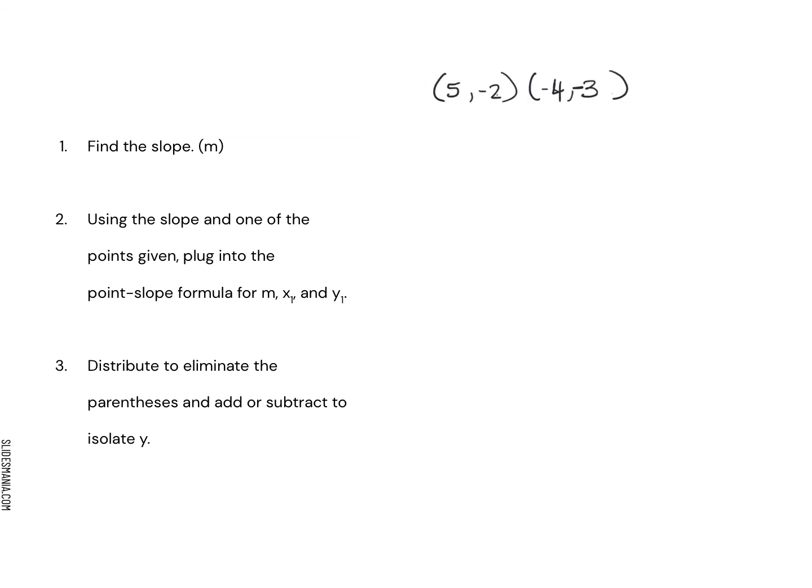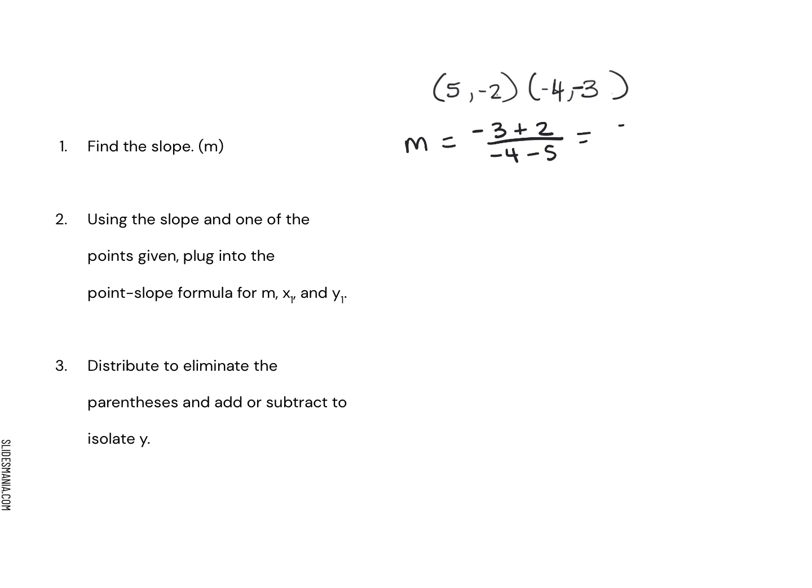In this next example, we are given 2 points. So we're going to find the slope first. We'll start by doing y2 minus y1, so that would be negative 3 plus 2. And then x2 minus x1, that would be negative 4 minus 5.